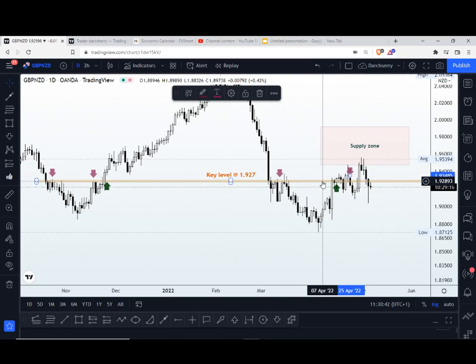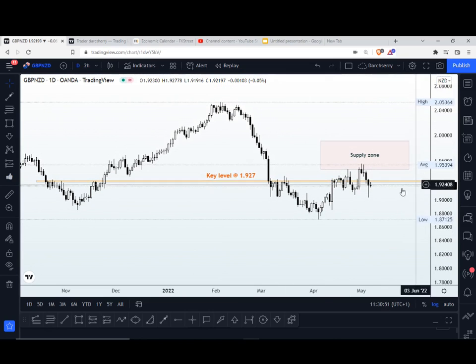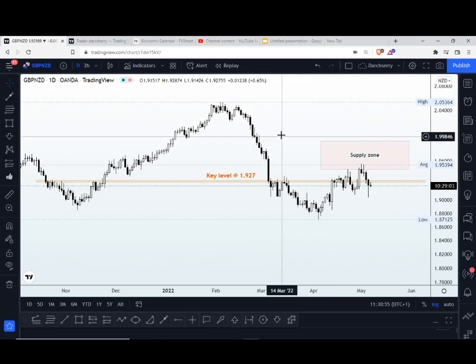So this emphasizes the strength of that key level, as it has determined price movement as soon as price touches or comes through that area.